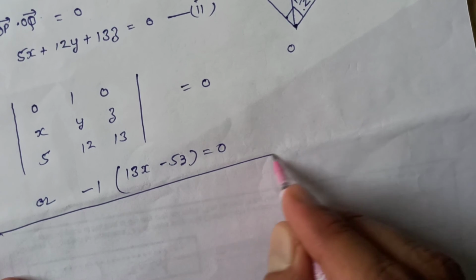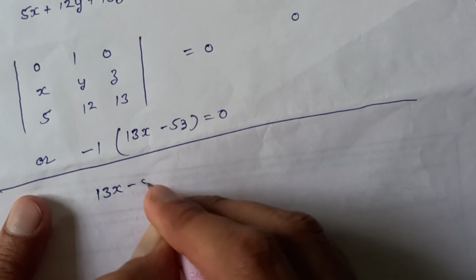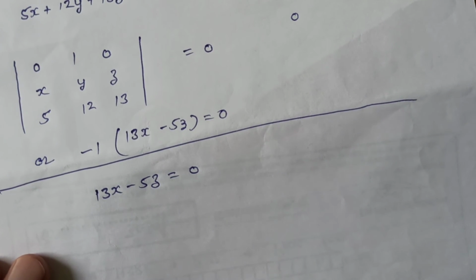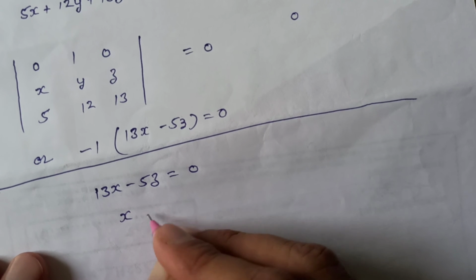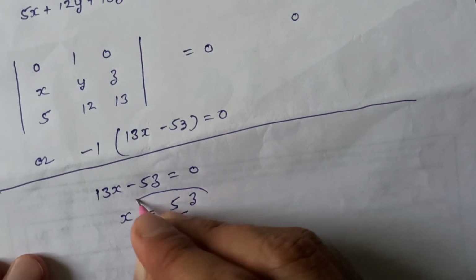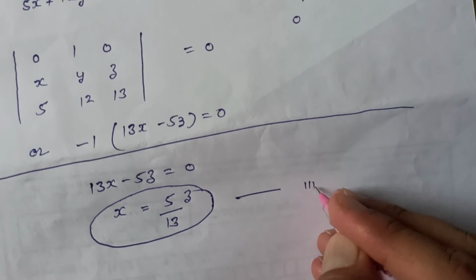So the third equation is 13x minus 5z is equal to 0, or x can be written as 5z by 13. Say this is equation 3.